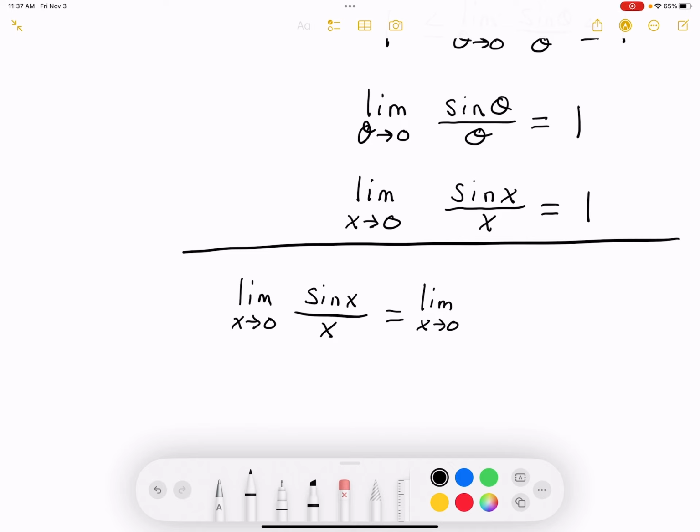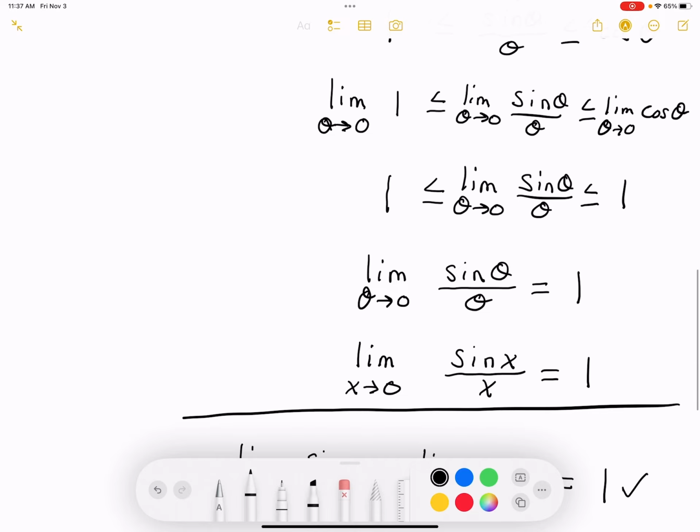So this is the limit as x approaches 0 of the derivative of sine, which is cosine of x, over the derivative of x, which is just 1. Now we can direct substitute 0 in for x. We get cosine of 0, which is 1 over 1, which is just 1. And that checks out to what we found over here.